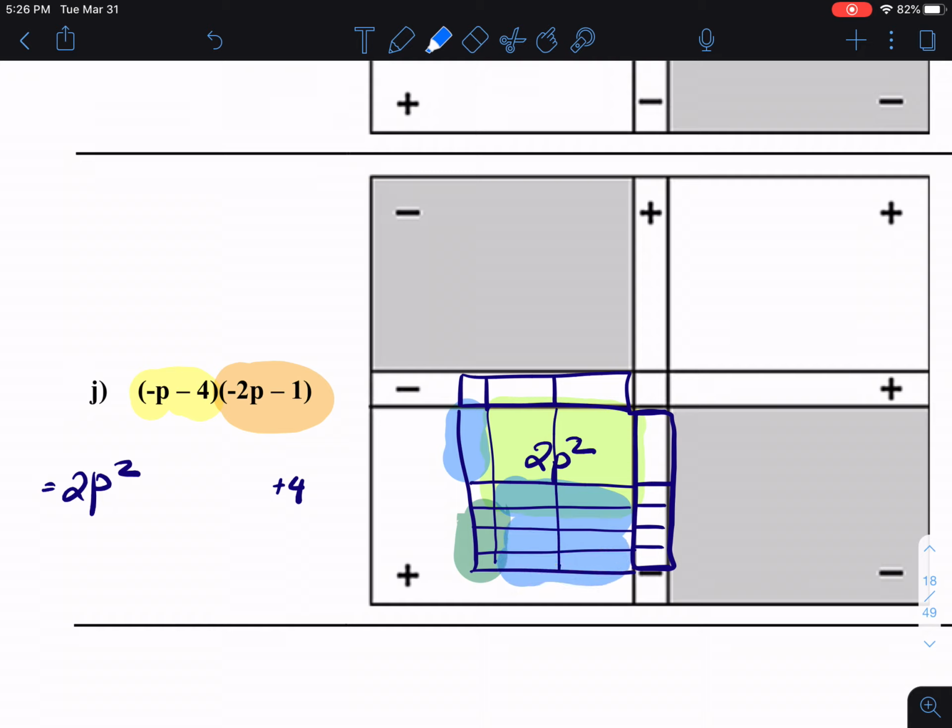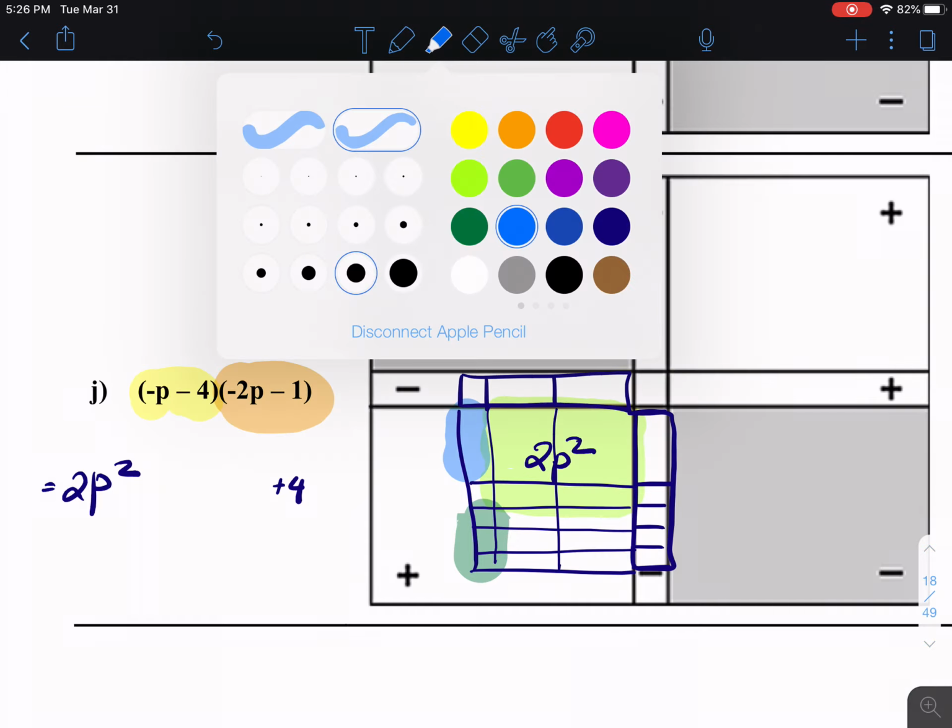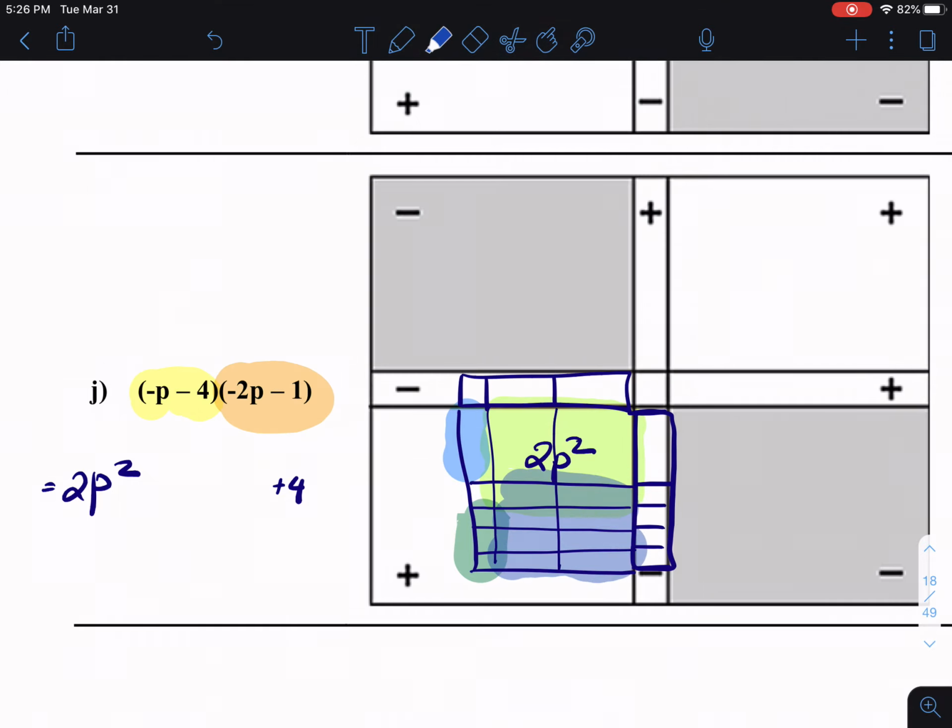I'm just going to do that in a slightly different blue. So there's a region of p and there's a region of 8p. So there are 4 regions: the square region, the ones region, and then 2 regions that are p, that are linear rods. So we can combine the 2 regions that are rods and come up with a simplified product.